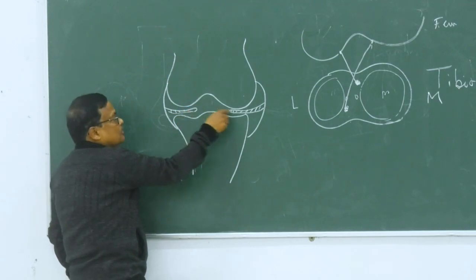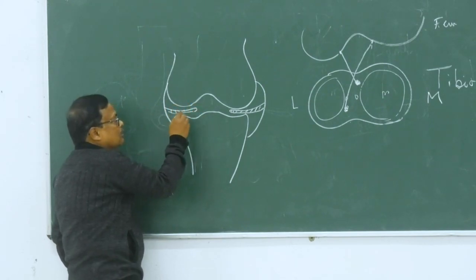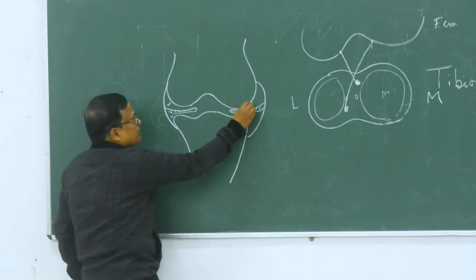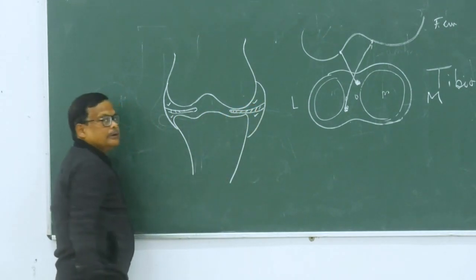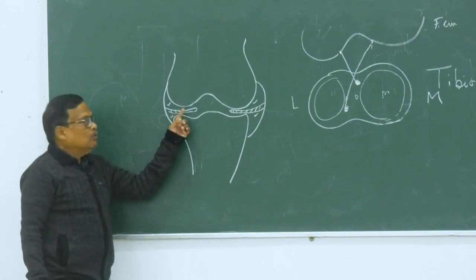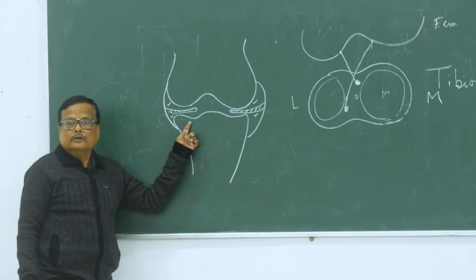Look, it does not completely divide. It partially divides. There is a communication between the upper compartment and the lower compartment. The upper compartment is known as the meniscofemoral, and the lower compartment is known as the meniscotibial compartment.